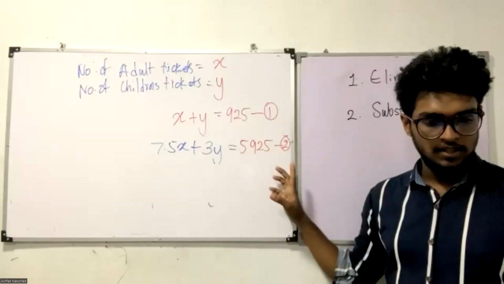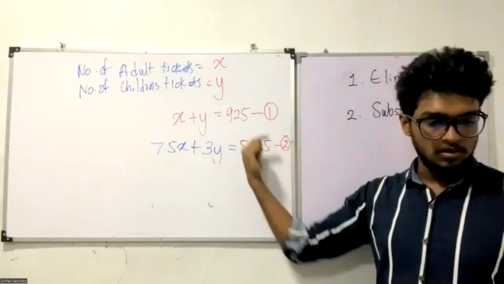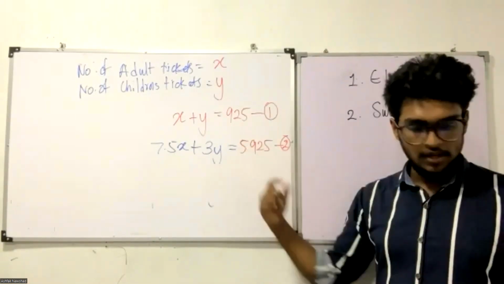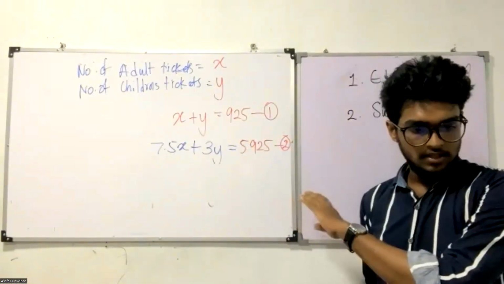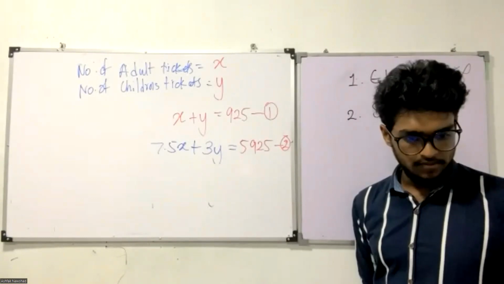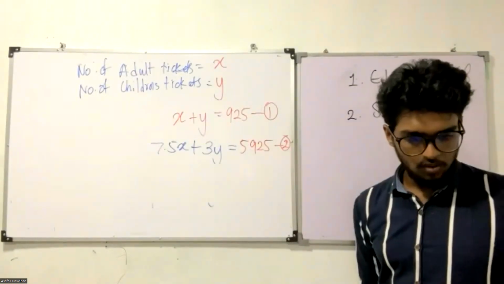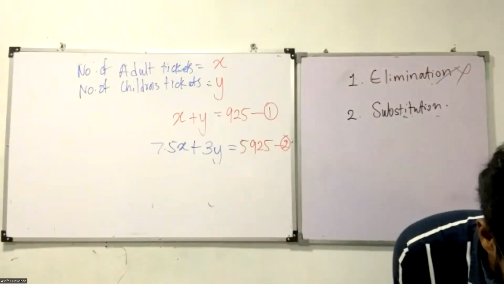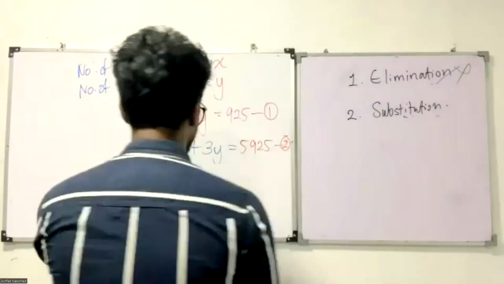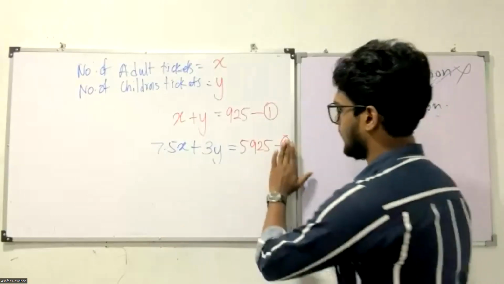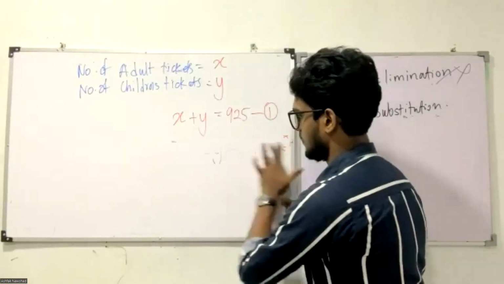It's a hard question. The construction of these equations is pretty hard, but if you understood this, that's great. Okay, the majority has understood. No worries if you didn't understand. I'll repeat the second step again.